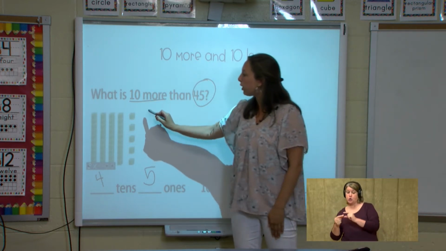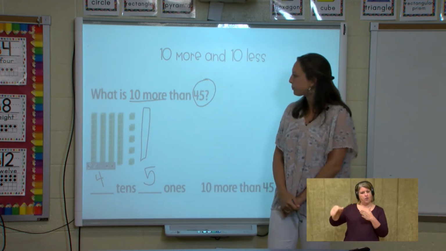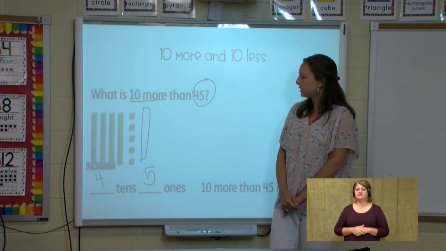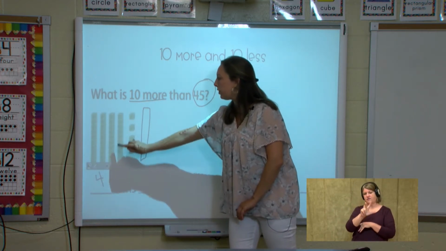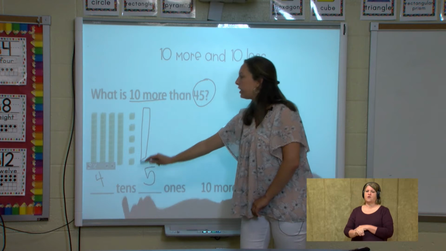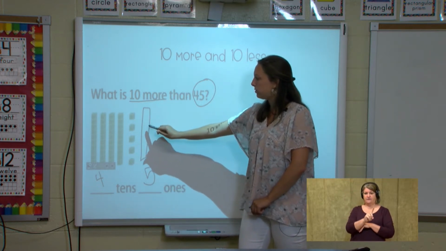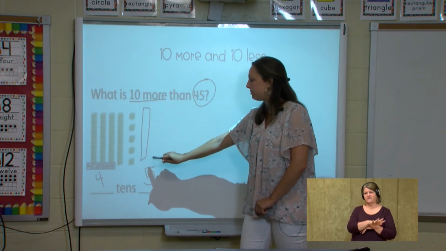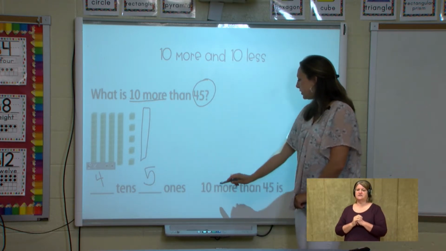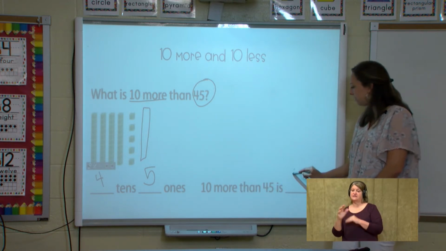We're going to add a rod to the whole thing, okay? Here we go. Let's count. 10, 20, 30, 40, 50, 51, 52, 53, 54, and 55. 10 more than 45 is 55.